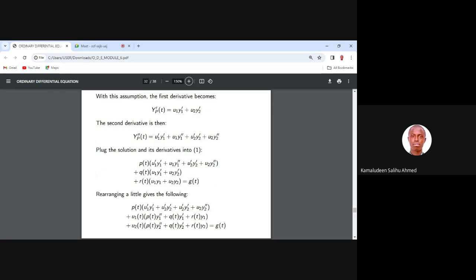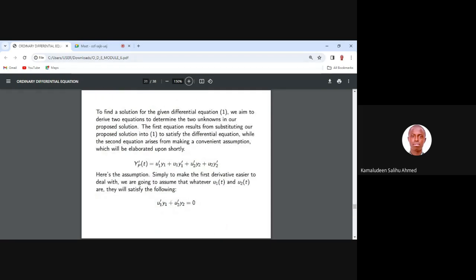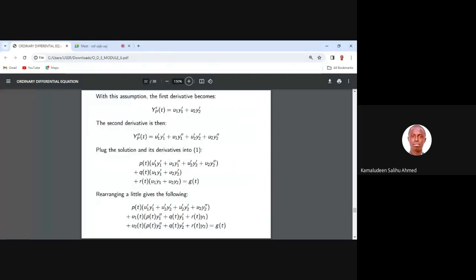With this assumption, what are you going to be left with? Because you've made this part 0, you'll be left with only u1 y1 prime plus u2 y2 prime, which is what we have here.